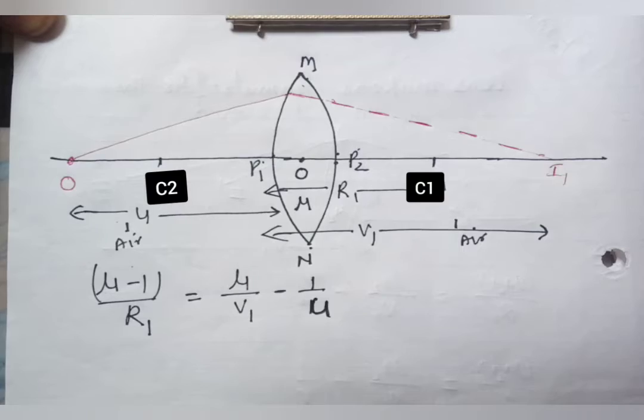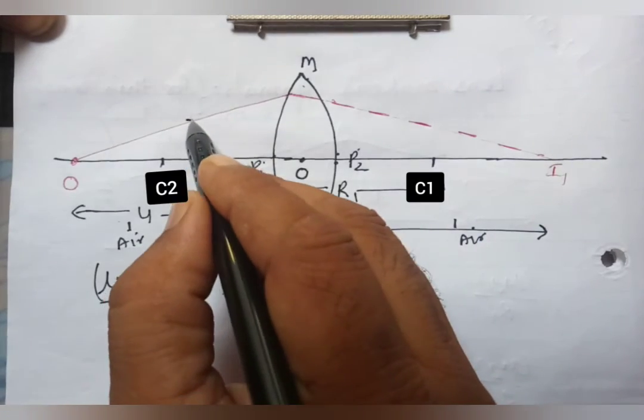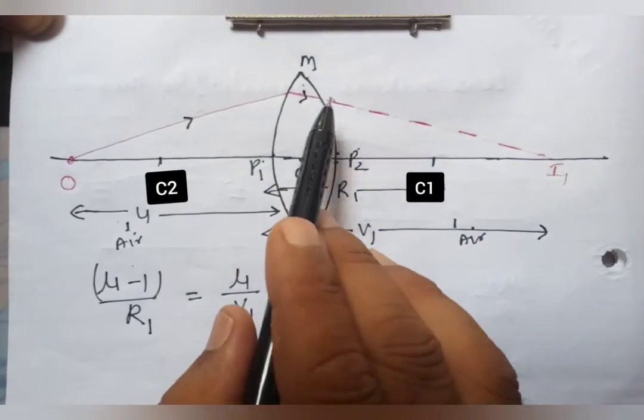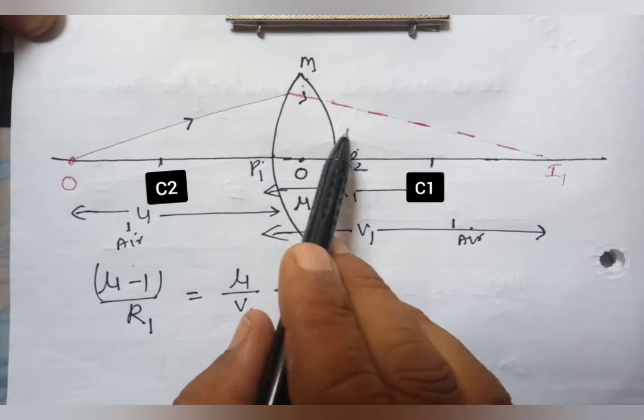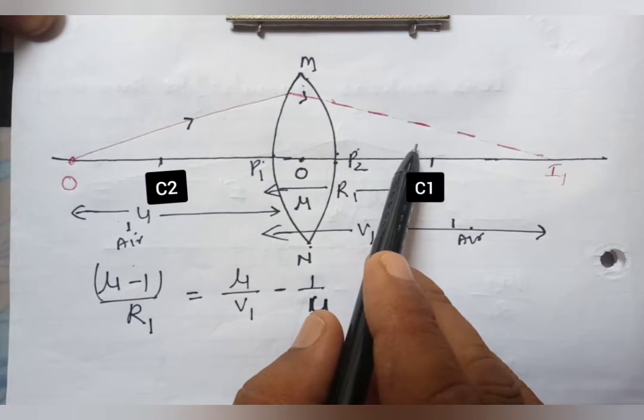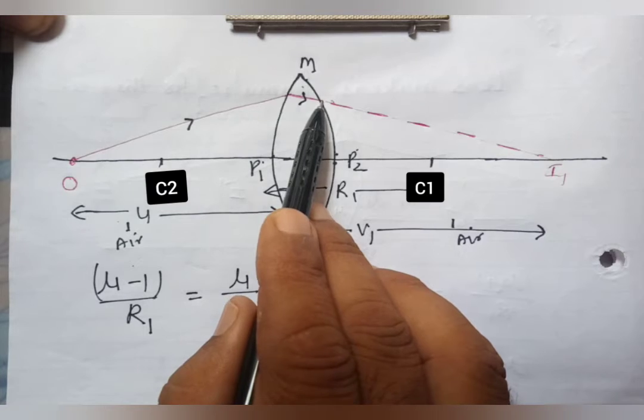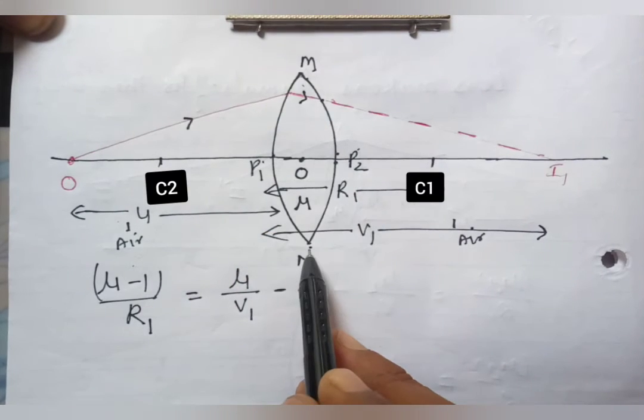In the second case, the light ray travels from denser medium to rarer medium, which means refraction takes place at the MP2N surface.